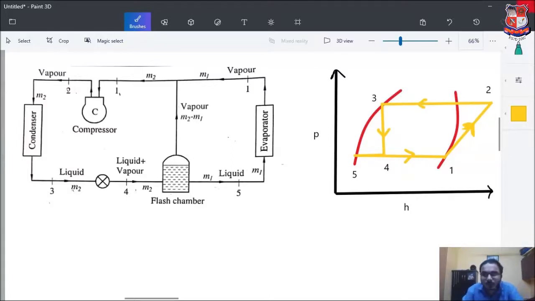Now we will go back into our theory. Yes, of course we can copy this figure now.